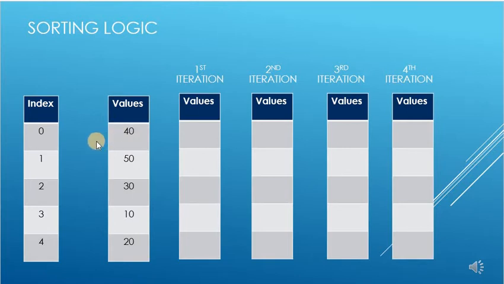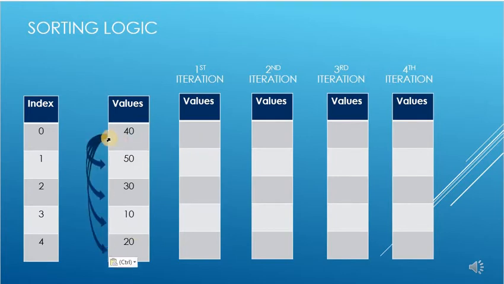Now, to sort a list using selection sort, the logic will be we will compare the 0th element with the first element, then the 0th element with the second element, then the 0th element with the third element, and then the 0th element with the fourth element, like this way.